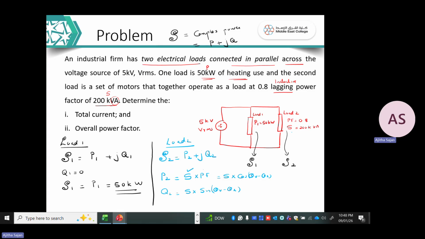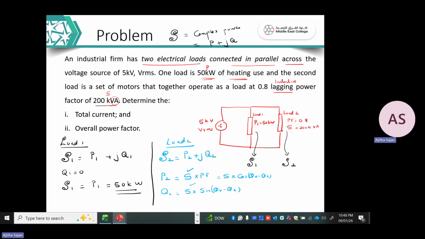For Q2, S is available, but you don't know sine(theta V minus theta I). But you know the power factor, so from the power factor you can calculate theta V minus theta I, and when you put that in, you will get Q2. So finally you can get S2 like that.